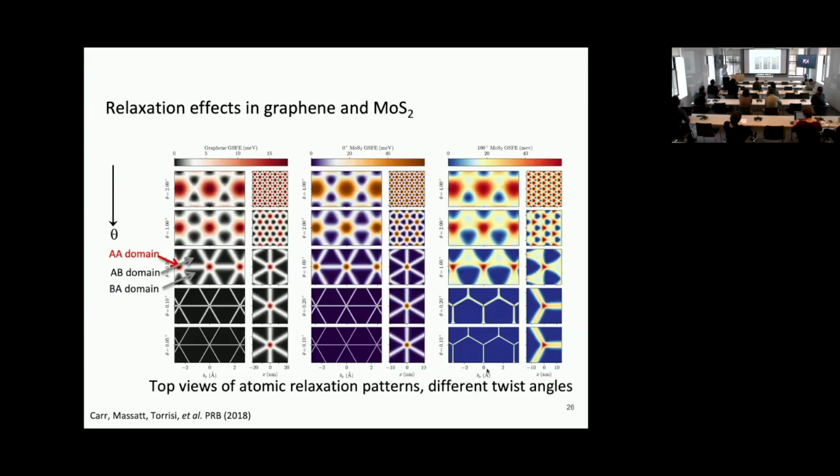Only the length scale changes. The pattern is exactly the same, and the size of the black triangles increases. Everything else remains exactly the same, which is really quite spectacular. It tells you that right at 1 degree, which is the magic angle that we mentioned earlier, the pattern sets in, this relaxation pattern that I was mentioning, and then it doesn't change from then on.